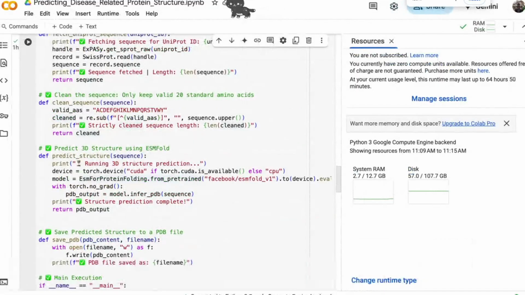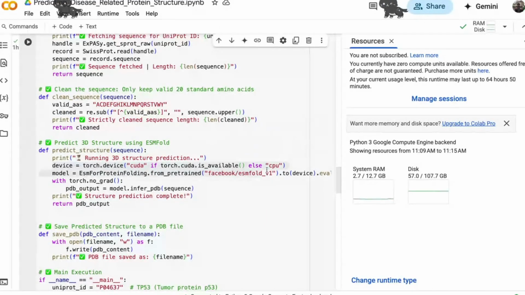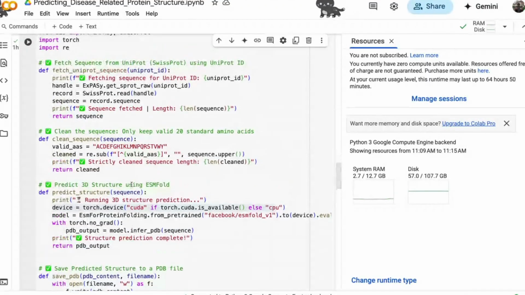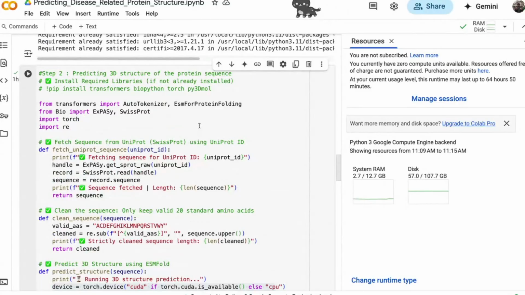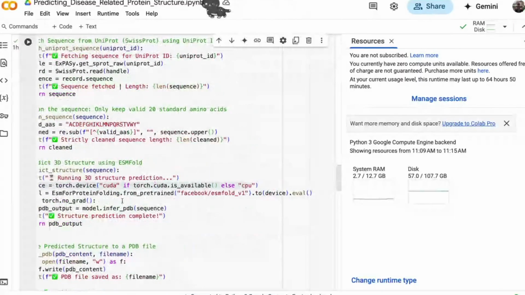Okay, so now here I am running it within Google Colab's GPU server. This particular line does that, and I'm calling the ESM for protein folding function that I've imported from the Transformers library. This function loads the tokenizer, which is part of Meta's ESMFold.